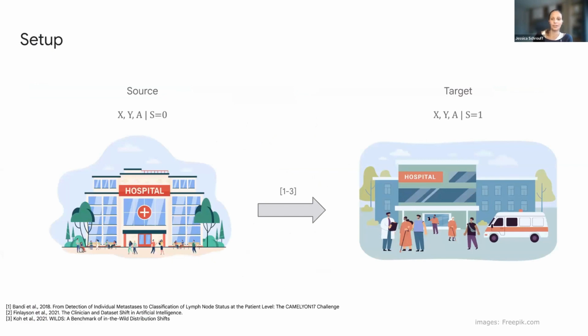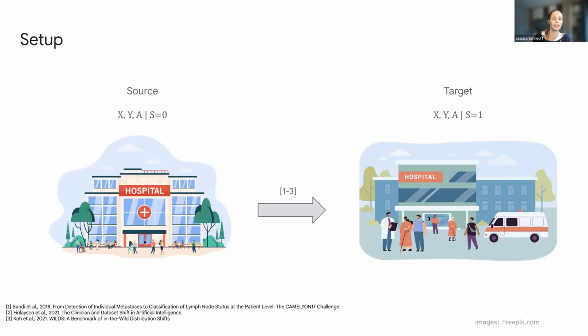This is a classical setup. It's probably a bit exaggerated here, but you have this source environment in which you have your typical variables: features, labels, attributes, and an extra indicator variable that tells you that you are in the source environment.